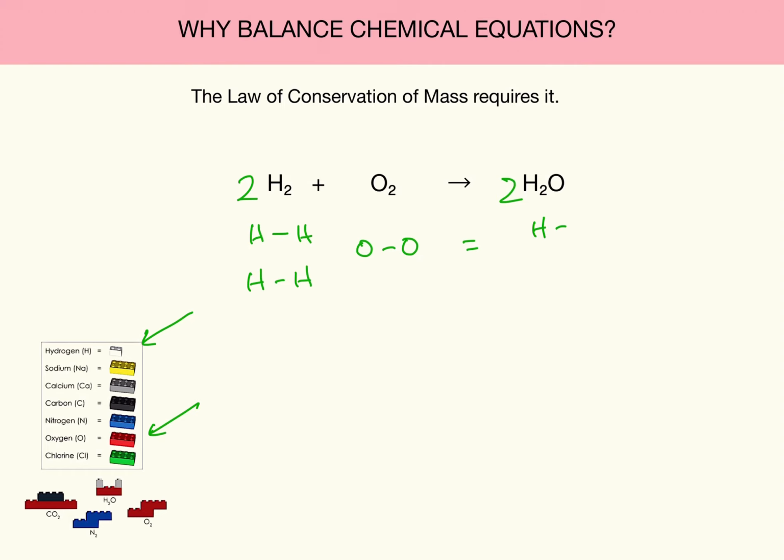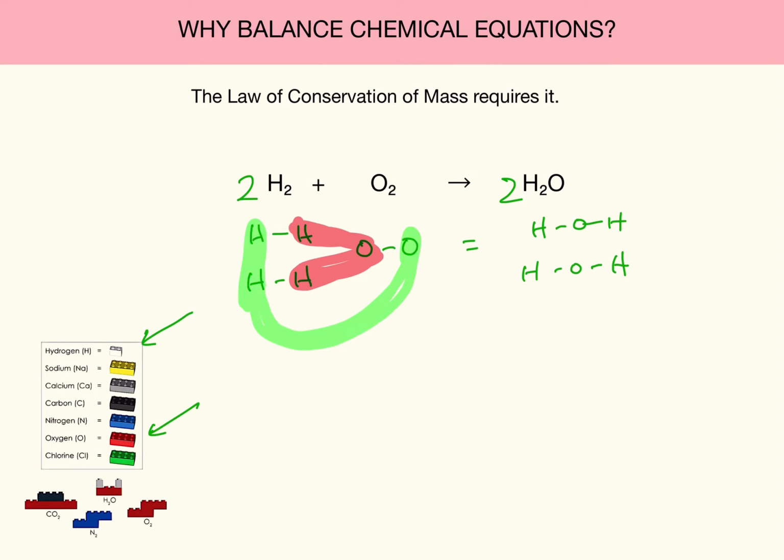We have an H, an O, and an H, and an H, an O, and an H. And here you can see four hydrogens, and a total of four hydrogens, and two oxygens, and a total of two oxygens on the product side. The equation is balanced. If you want to look at that graphically, you can see that there's one H2O, and here's the second H2O.